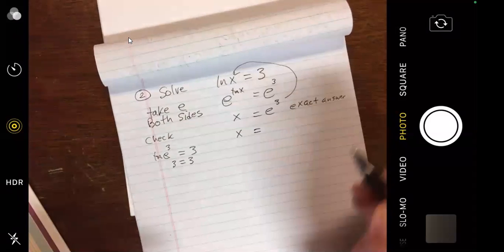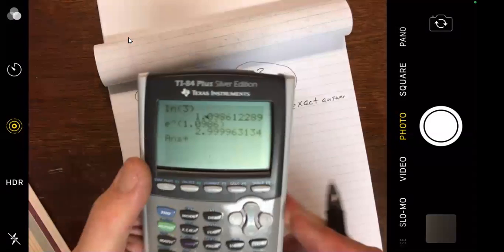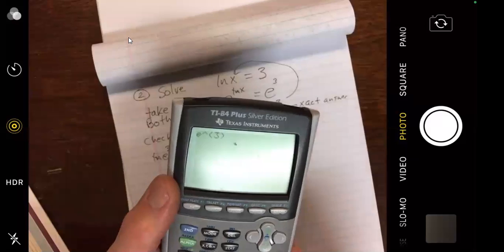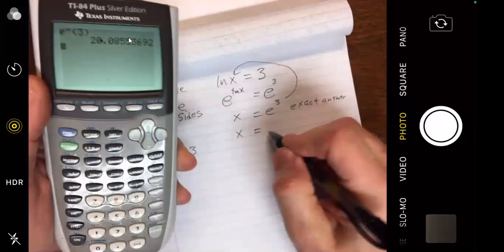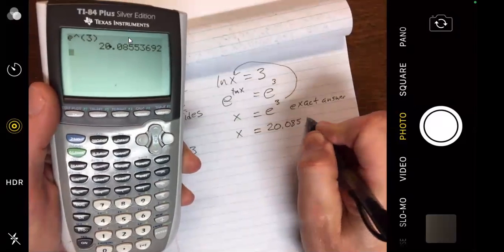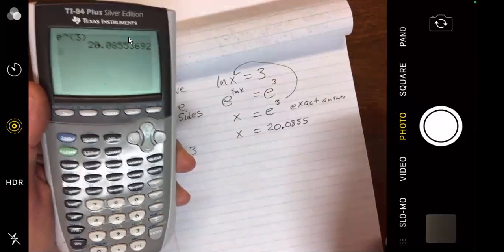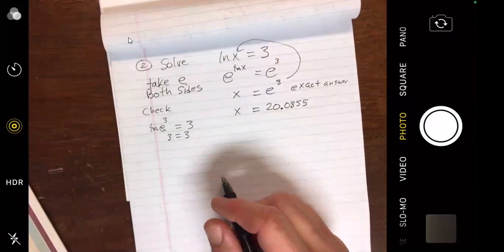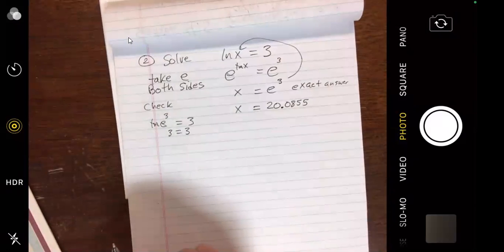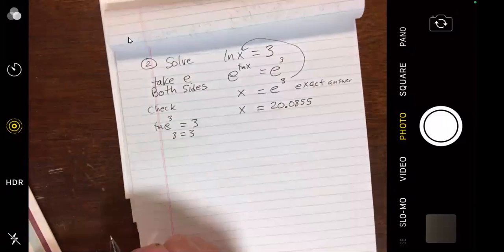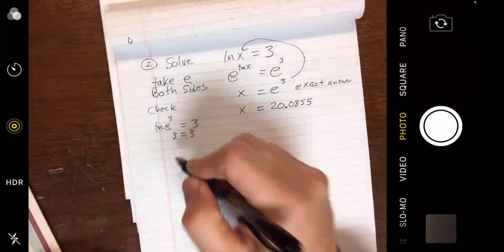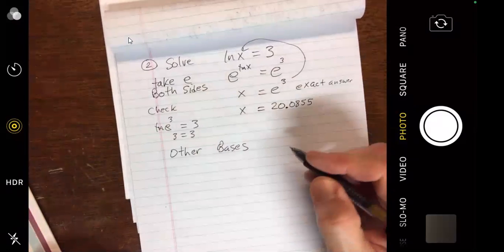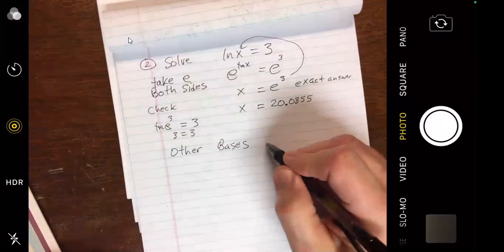The approximation is 20.0855. Then, of course, you go to other bases, which the book starts with.